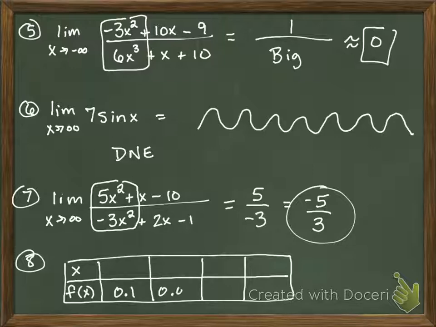So 0.01, 0.001, 0.0001. Okay, and our x values are going 1.9, 1.99, 1.999, 1.99999.